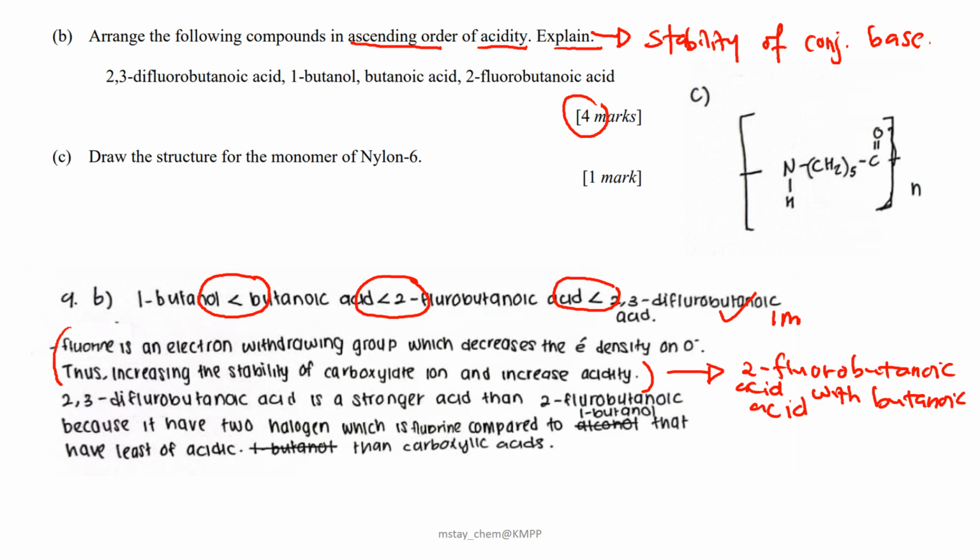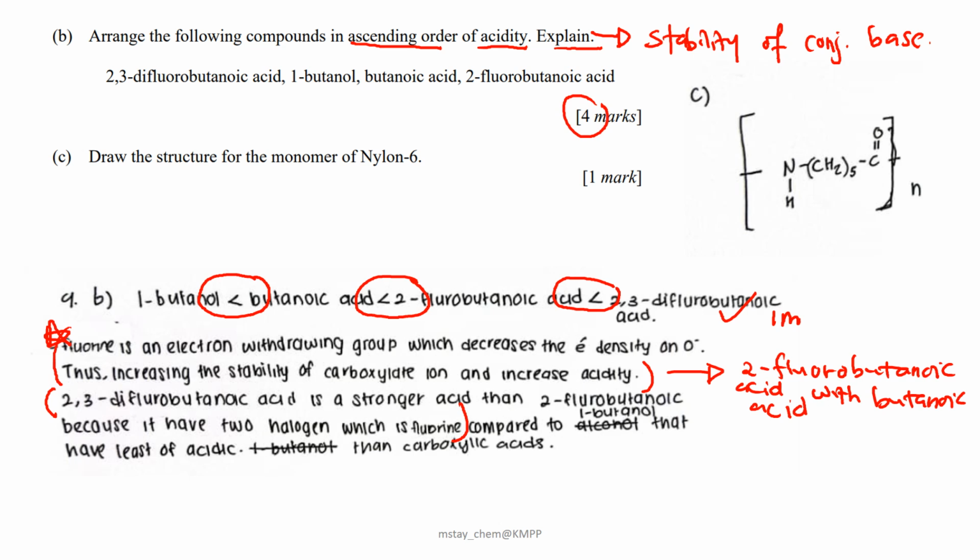And then for the second sentence, 2,3-difluorobutanoic acid is a stronger acid than 2-fluorobutanoic acid because it has 2 halogens, which is fluorine. For this statement, I think you can get the mark, because in the previous sentence you already explained the role of fluorine in the acidity here.